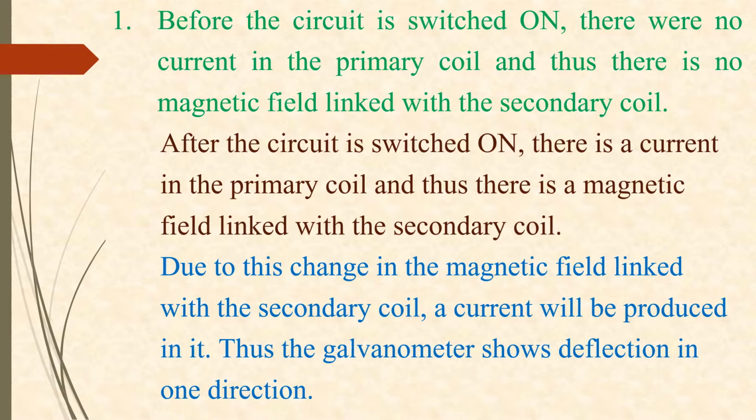So, due to this change, that is, before you switch on the circuit there won't be any magnetic field linked with the secondary coil, but when you switch on the circuit a magnetic field is linked with the secondary coil, a change is happening in the magnetic field linked with the secondary coil. Due to this change, a current is produced in the secondary coil, so that the galvanometer shows a deflection. That is, it will deflect to one side.